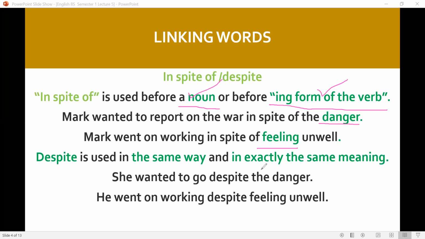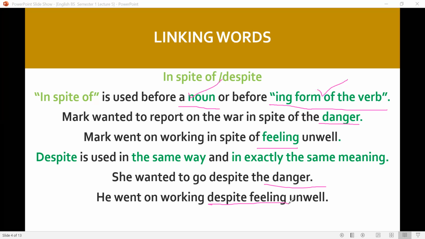Despite is used in the same way and in exactly the same meaning. He wanted to go despite the danger, noun. He went on working despite feeling unwell, despite feeling. So we came to the conclusion that in spite of and despite are used before a noun or where an ing verb has been used.